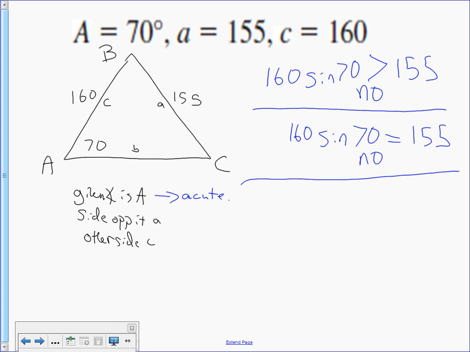See what I'm doing here? I'm just going right across the list of which possible scenario I'm going to wind up with. Okay? I check the next one. Is the other side times the sine of the given angle smaller than the side opposite and smaller than the other side?